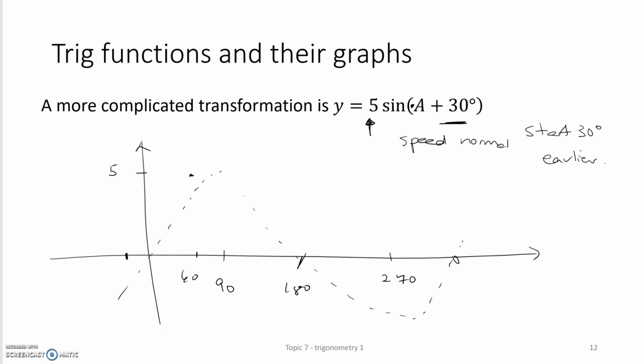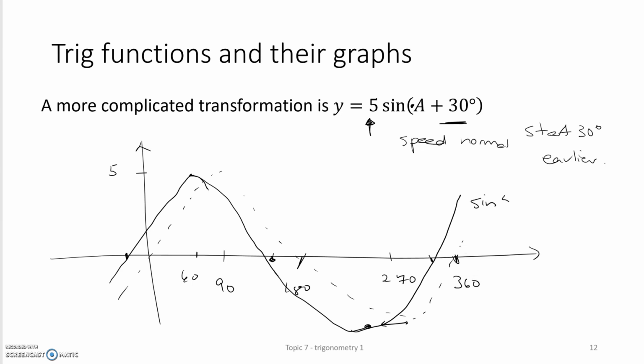This point would be moved over 30, it'd be 150. This point would be moved over 30. This is 360. It would be moved over 30. There we are. This is 5 sine A plus 30 degrees.